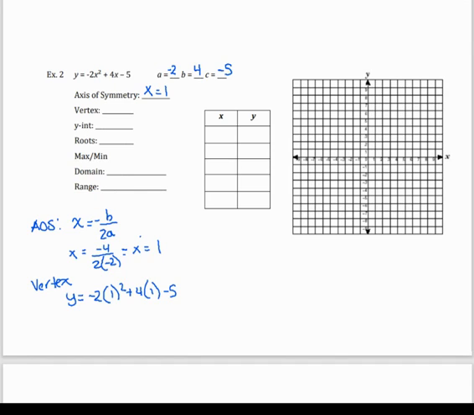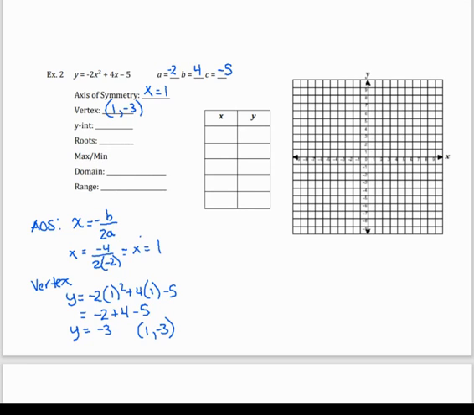We're squaring 1 and then multiplying by -2. So this would become -2 plus 4 minus 5. -2 plus 4 is 2, and 2 minus 5 gives me -3. So our vertex is a point. We plugged in 1 for x, and we got a y value of -3. So my vertex is (1, -3).